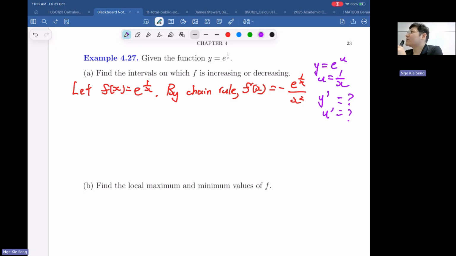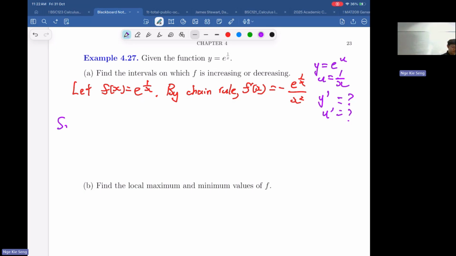Positive over positive is still positive, but with a negative sign in front, you get negative. The exponential function is positive, x squared is positive, so you only get positive values, but the negative sign in front means it will always be negative.